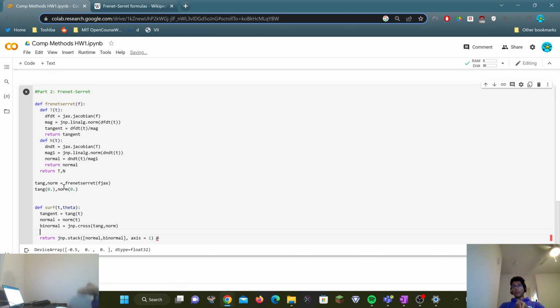Our surface point is 0.5 away, but it's still going to be circular, so it's r cosine theta, r sine theta, just with r equal to 0.5 because it's like a circle of radius 0.5.